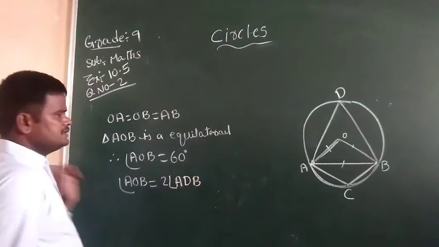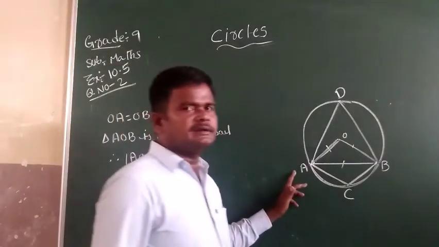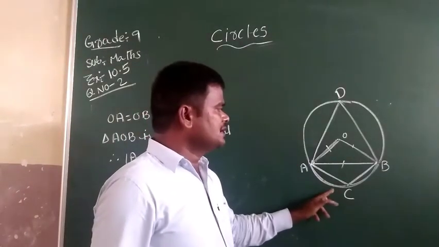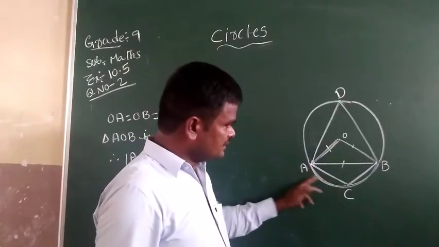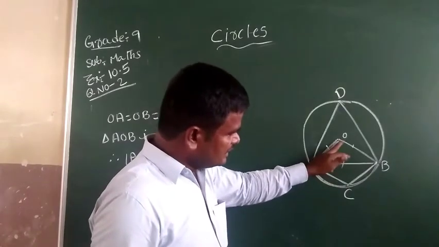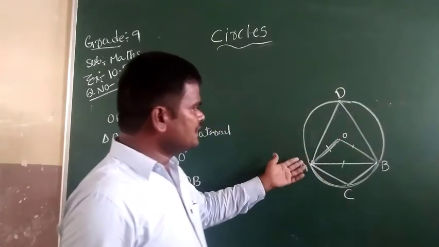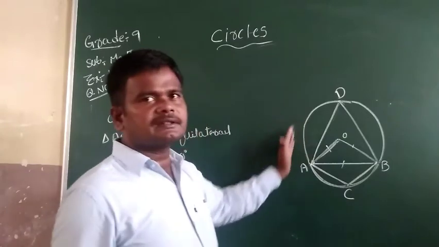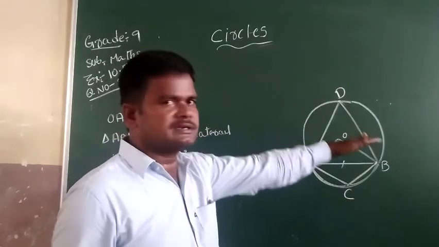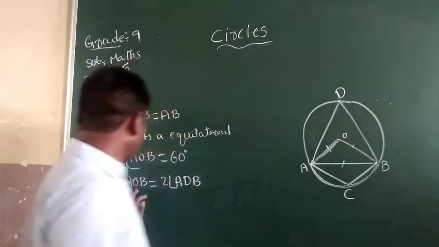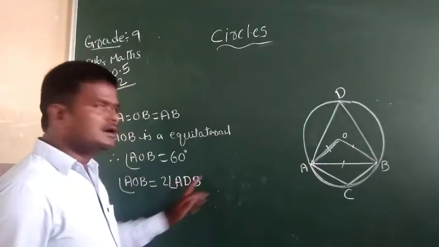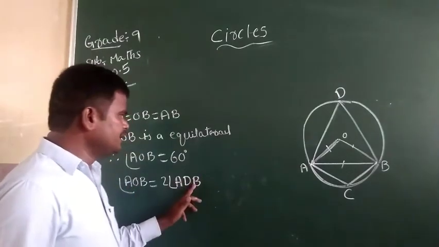What is the reason? The angle subtended by an arc at the center is equal to double the angle at any point on the remaining part of the circle. So angle AOB equals 2 times angle ADB.